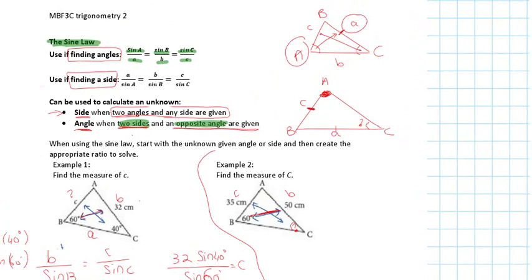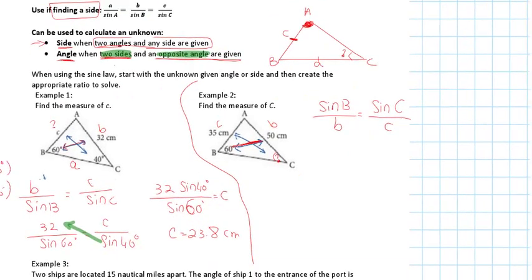Because I know B and I'm looking for C. So, sine B over B equal to sine C over C. Are we okay with that? Let's fill out the information. So that will be sine 60 over 50 equal to sine, I don't know what, over 35.